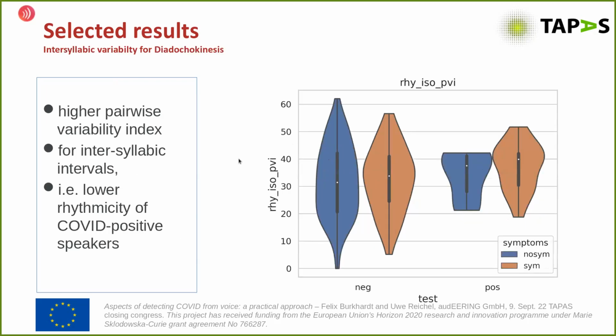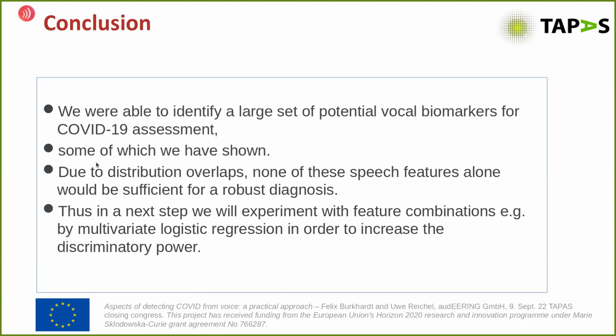And for Pataka, the intersyllabic variability is more. There's more variability. It goes more over the range if you don't have corona COVID. So there's less rhythmicity for corona patients, which makes sense. So conclusion, we were able to identify a rather large set of potential vocal biomarkers for COVID-19 assessment.